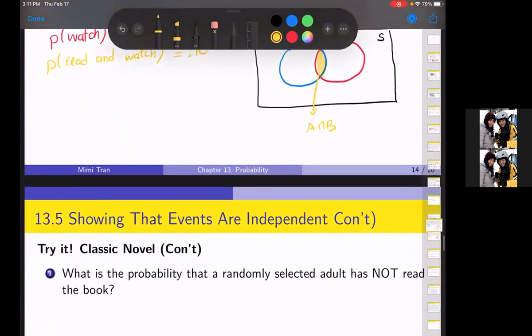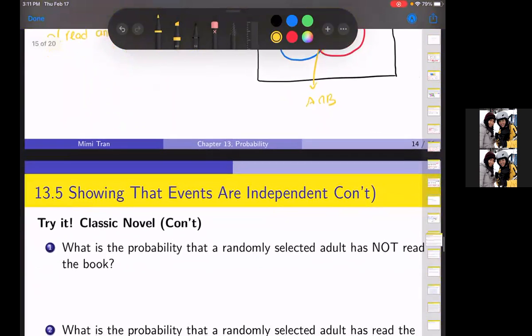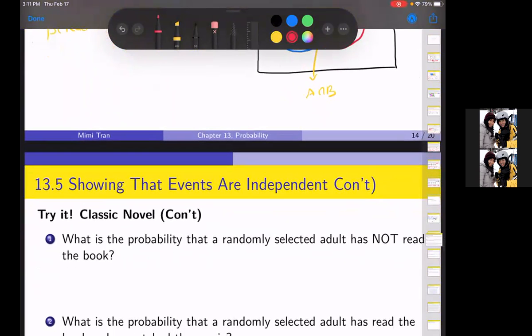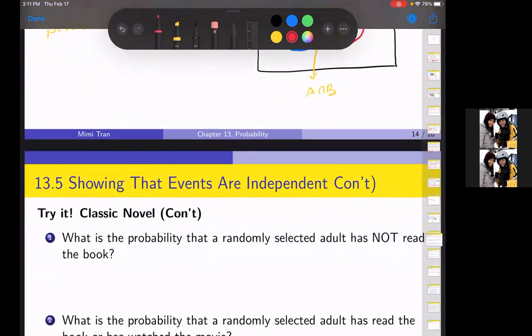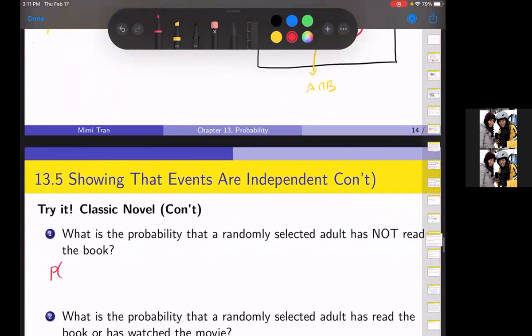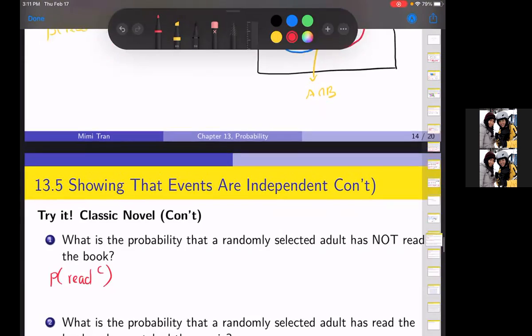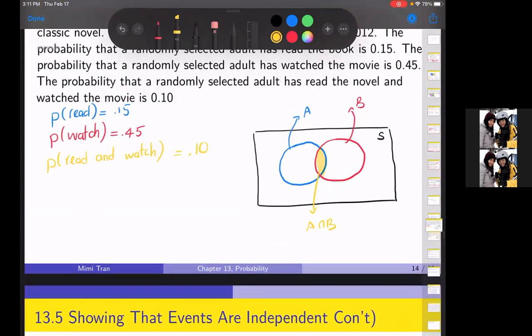All right. What is the probability that a randomly selected adult has not read the book? In terms of math notation, I want to know P of read complement. The opposite of read is not reading, which is read complement. Everything except for the blue circle, right? You don't have to shade this, I'm just going to show you visually.